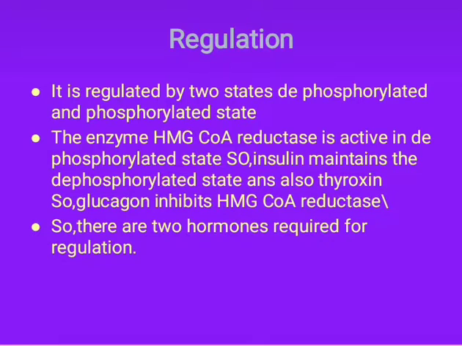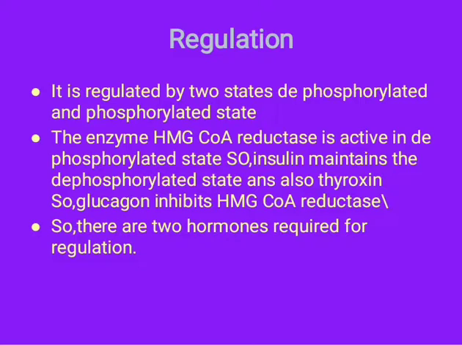Now we can see how this pathway is regulated. This pathway is regulated by 2 states, dephosphorylated and phosphorylated. The enzyme HMG CoA reductase is active in the dephosphorylated state, so insulin maintains the dephosphorylated state, and also thyroxine. Glucagon inhibits HMG CoA reductase.